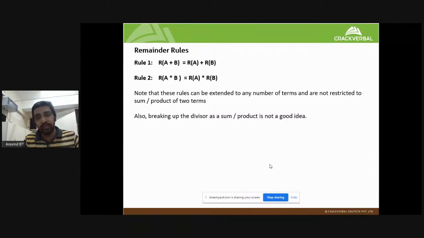And when the dividend is smaller than the divisor, the remainder will be the dividend itself. Otherwise, it can be any value from 0 to divisor minus 1. We also discussed the remainder rules, right? I hope all of you are clear on this part. As we come to certain problems, you will get a better idea of how to apply these rules, right?